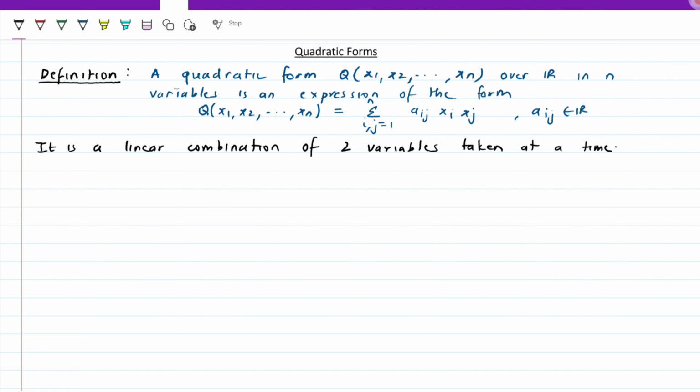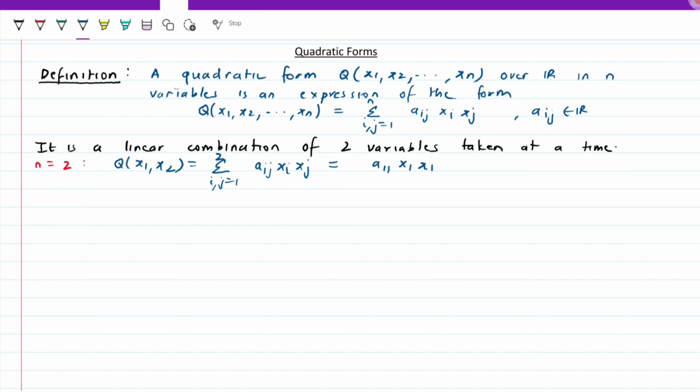Let us see an example for n equal to 2, followed by n equal to 3. So if we take n equal to 2, then q of x1, x2 is going to be the sum i, j equal to 1 up to 2 of aij xi xj. When we put i equal to 1 and j equal to 1, we get a11 x1 into x1.